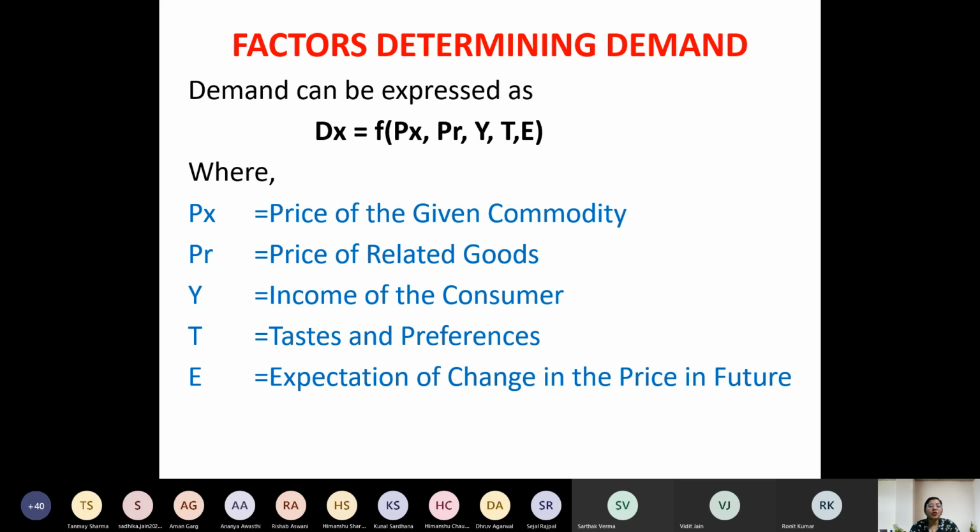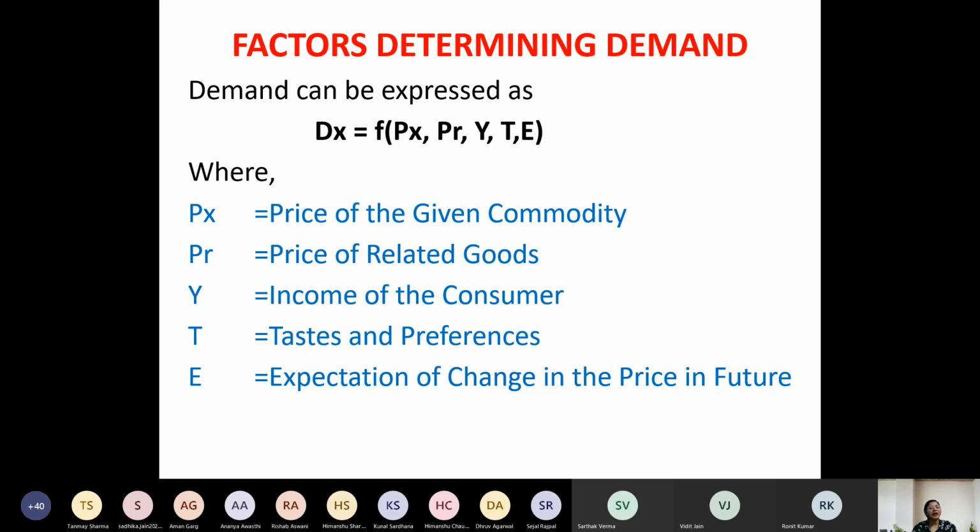So even though tea's price has not increased, my demand for consuming tea will decrease. Now I have decreased the consumption of my tea from 5 to maybe 2 times a day. Why? Because sugar price is increasing. So complementary goods' price also determines my demand for a particular good.